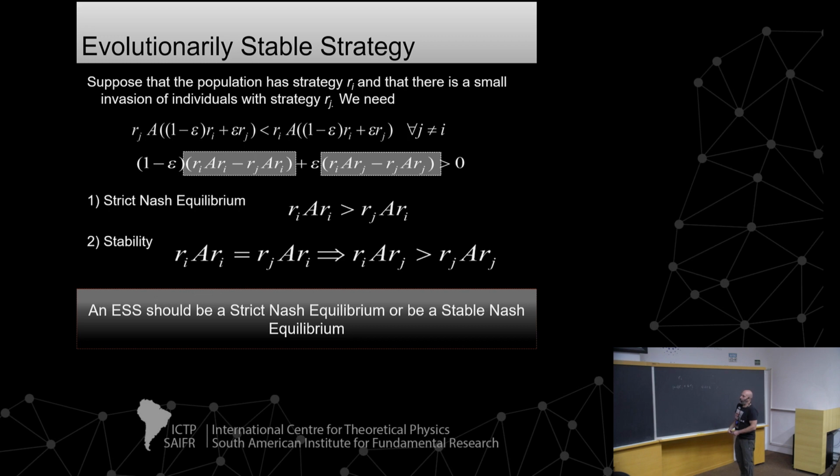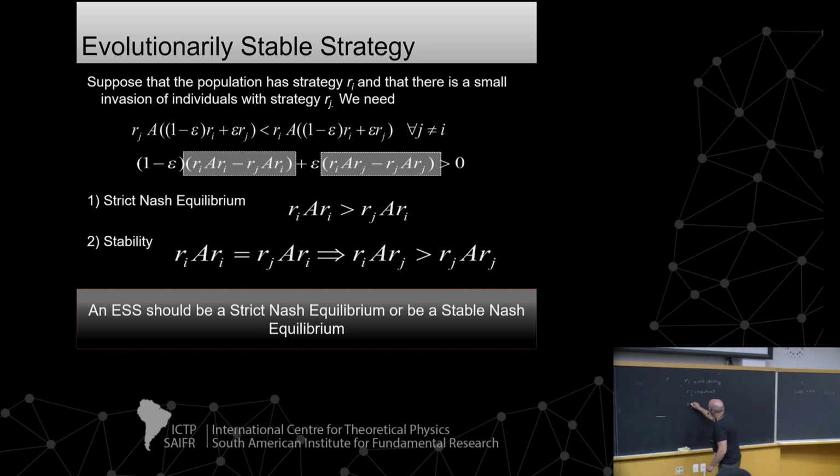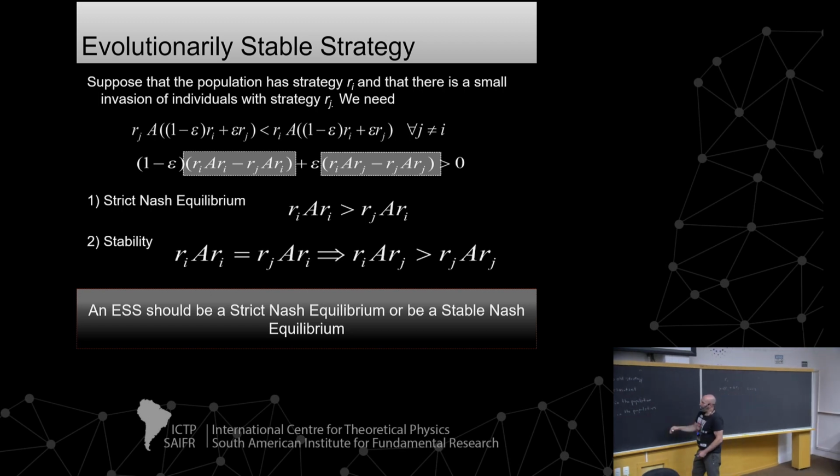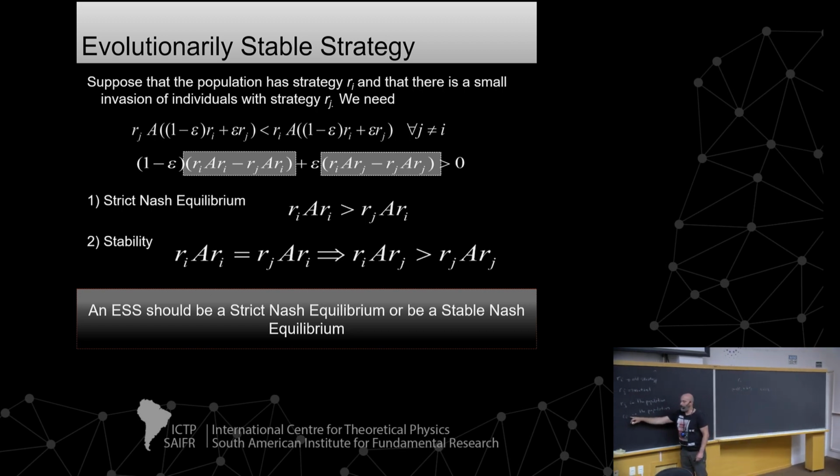So what I'm going to analyze is the payoff of Rj in the population and the payoff of Ri in the population. If I am asking Ri to be evolutionarily stable, what I need to happen is the following.